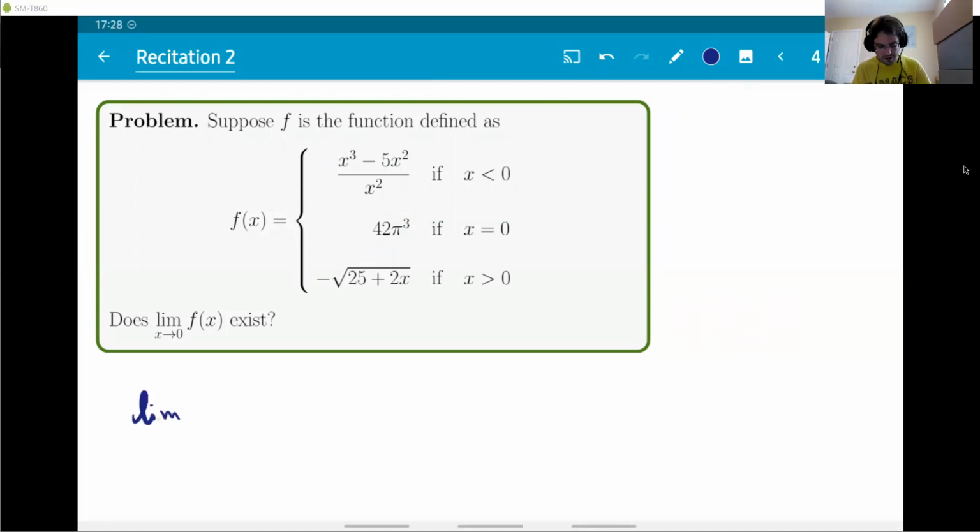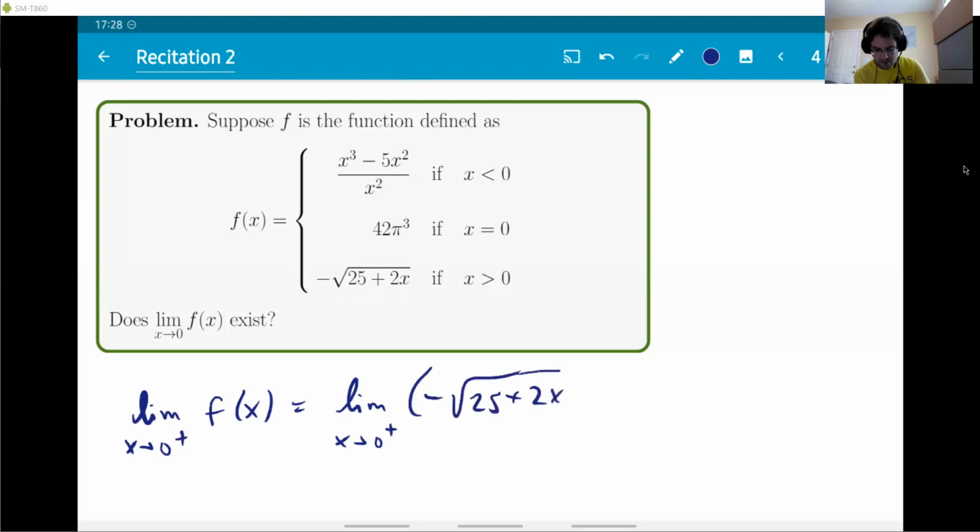So we're going to start by doing the right side. On the right of 0, which means x is larger than 0, be careful here. It's the last expression. For x larger than 0, it is the one with the negative square root. And there is actually no problem in plugging in x equals 0 here.